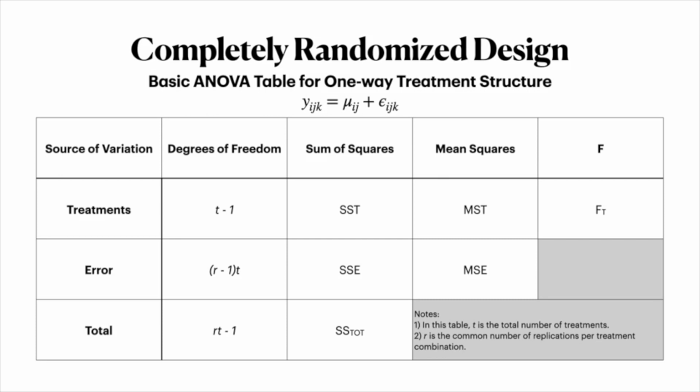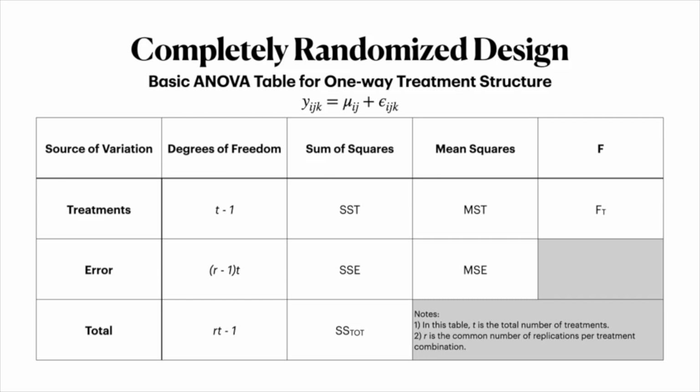When we construct that basic or condensed ANOVA table, where we consider the treatment structure as a one-way treatment structure, we're going to have all of these values computed and put into the table. We're going to have the degrees of freedom entered. We're going to have the various sums of squares calculated and entered. From these sums of squares and degrees of freedom, we will be able to calculate the mean squares. And then once we have the mean squares, we can calculate the F statistic.